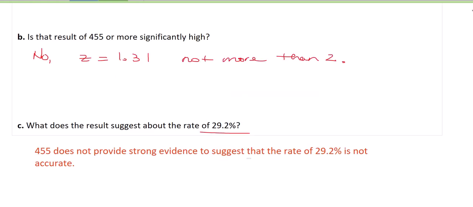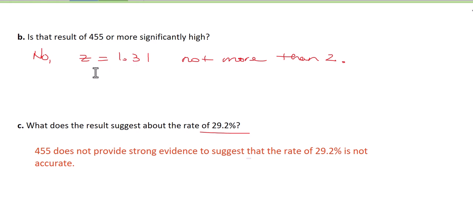Essentially, because the 455 gives a z-score that is not too far away from the mean, assuming that the rate is 29.2% for the probability of success, then this z-score is not saying that we have a significantly high value. So the 29.2% could be accurate for the probability of success.